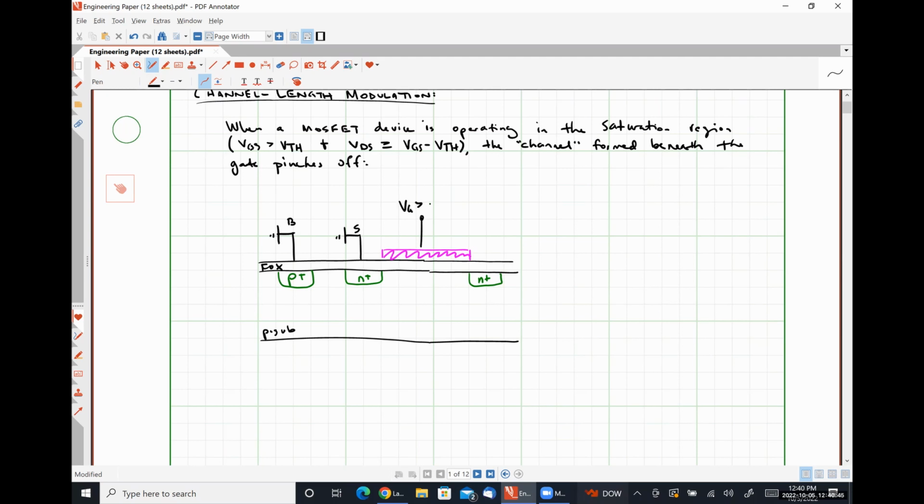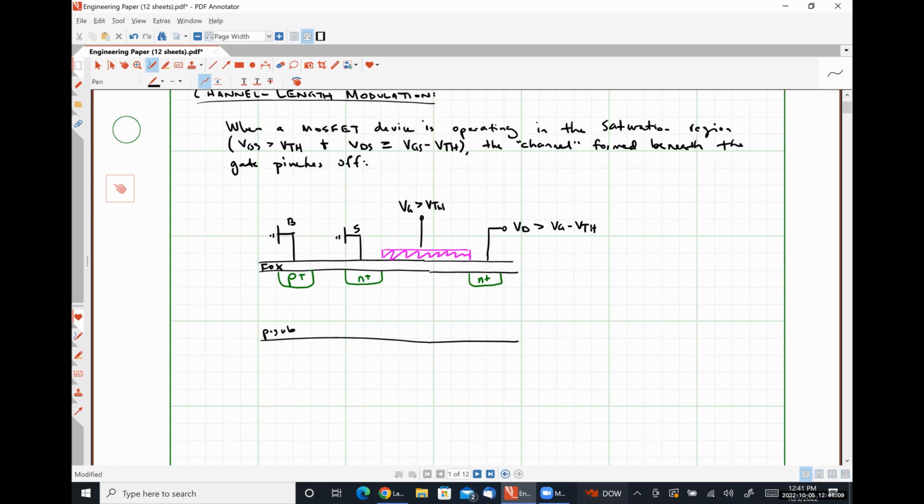VG is greater than VTH. And over here, VD is greater than VG minus VTH, where I'm leaving off all my S's because the source is obviously at 0.